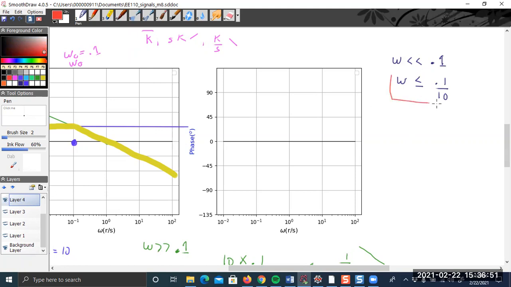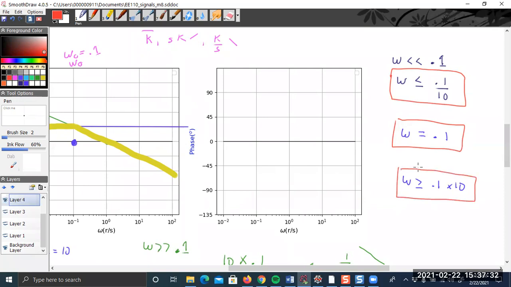And this is just given because I'll try to show you later why it's given that way. So that's one condition you have to take into account. Then omega equals 0.1. That's another condition. And then that's the third condition.